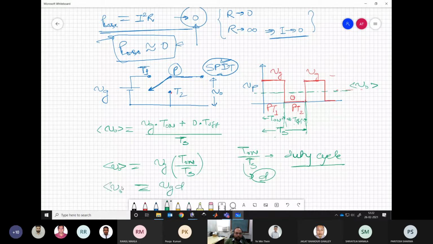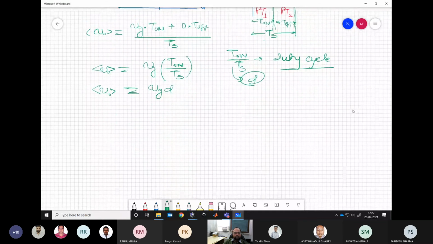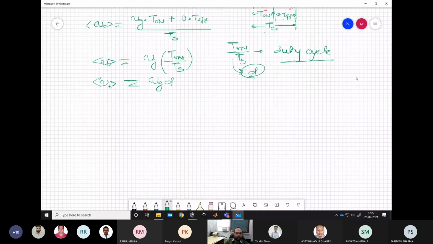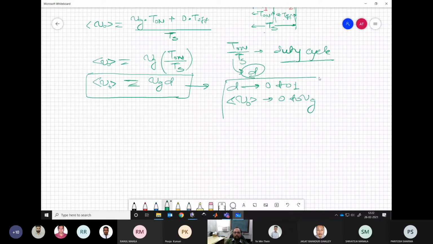Then this gives us a very famous equation which we all know from our previous courses, the buck converter equation. Here if you vary D from 0 to 1, we can get VO average from 0 to VG. This is the basis of our new converter philosophy.